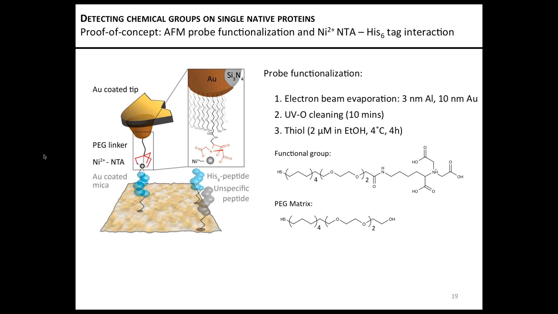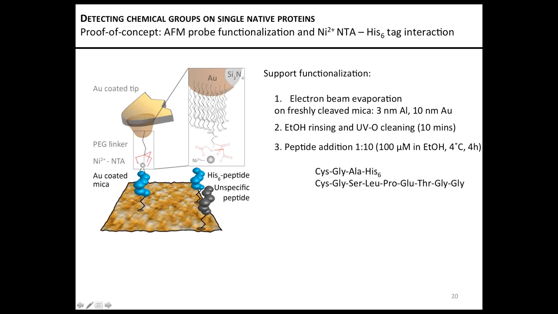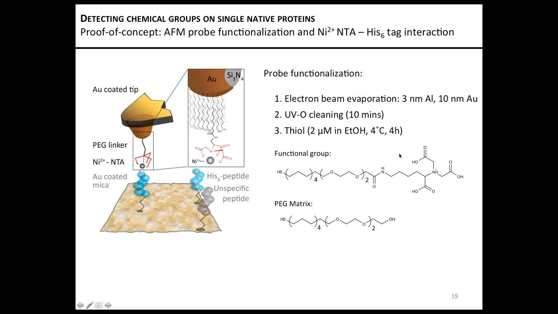As you have seen from the introduction of David, we are using gold-coated tips, which you can modify with thiols bearing either a functional group in the end, which is the NTA group, or only bearing a hydroxyl group in the end, which is giving you a non-specific interaction.